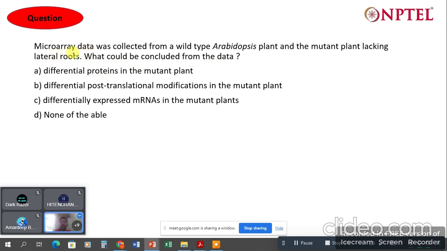Microarray is basically used to differentiate between different organs or different developmental stages on the basis of their transcriptome profile. So the options are differential proteins in the mutant plant, differential post-translational modifications in the mutant plant, differentially expressed mRNAs in the mutant plants, and none of the above.